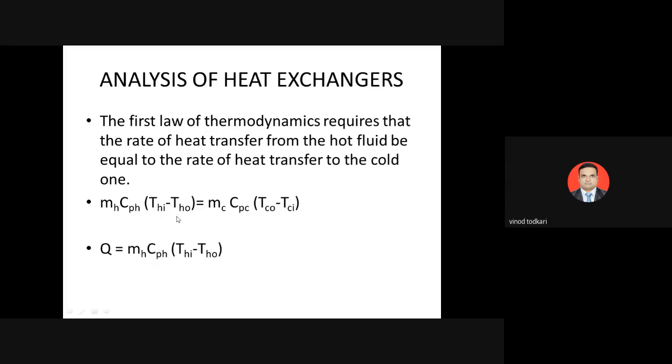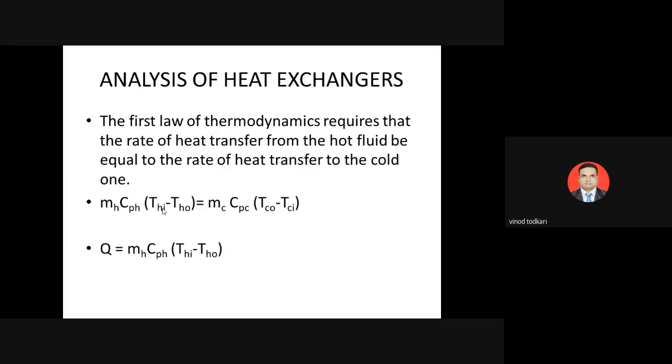So higher minus lower. In case of the hot fluid, which temperature will be higher? Let's take an example. You are cooling a fluid that is hot, at 100 degrees Celsius. If it enters at 100, obviously it will leave at a temperature lower than 100. So the inlet will be higher, and it will be Thi minus Tho for the hot fluid. Now, for the cold fluid, which temperature will be higher, inlet or outlet?